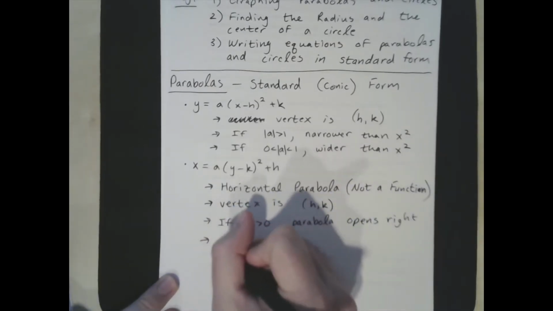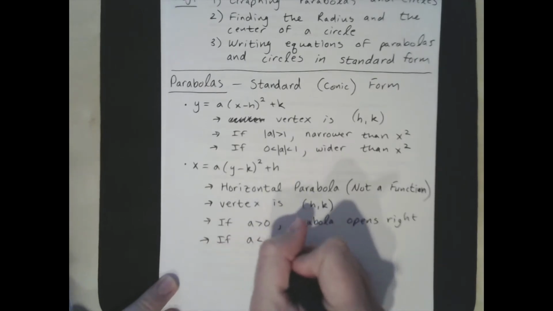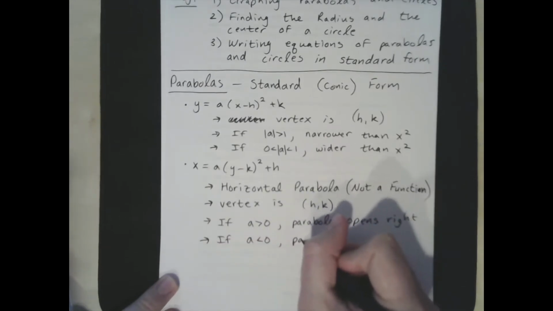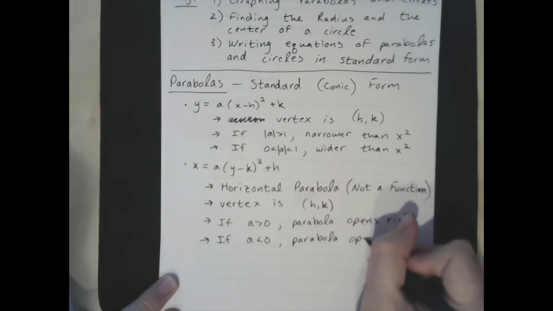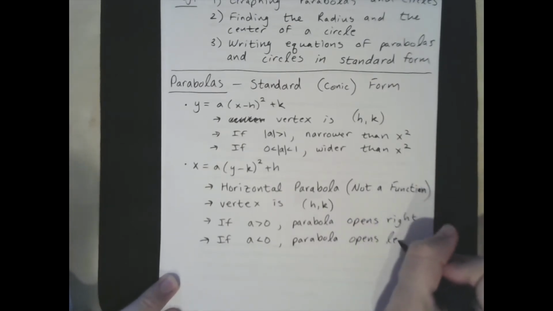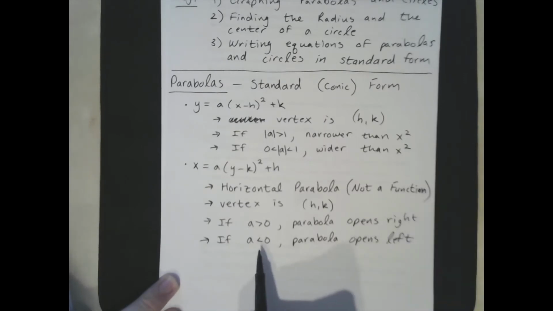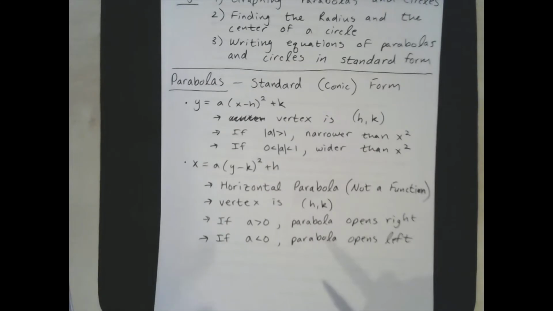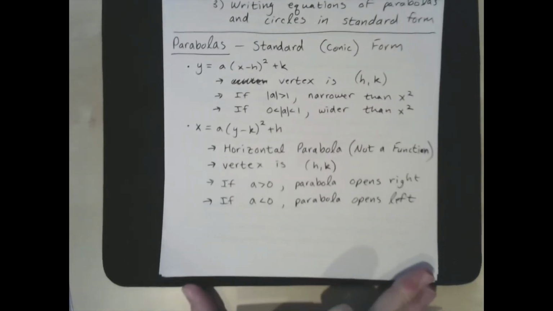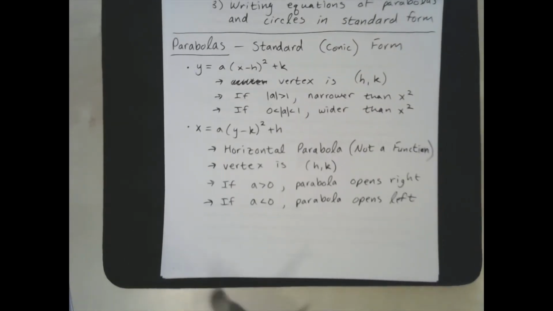And if a is less than 0, the parabola opens left. So if it's negative, it opens towards the negative. If it's positive, it opens towards the positives. So this is the parabola. We're going to graph a couple of these now, and we're going to focus on it just because it's a weird one, and it's not what we studied in the last chapter.